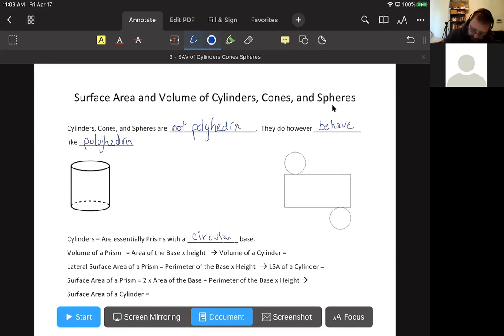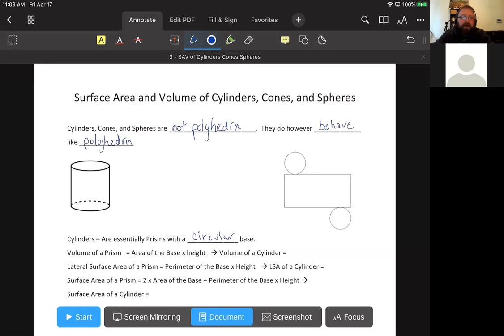Now, it can't be considered a prism because prisms' sides have to be polygons, and circles are not polygons. So we have to have our own set of equations for cylinders, cones, and spheres because they're not polyhedra. We cannot use the equations we developed previously, so we have to develop a new set.